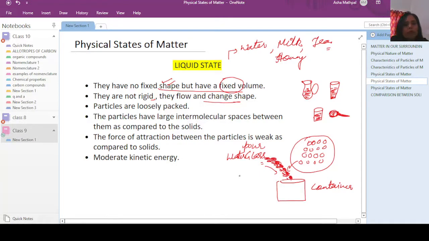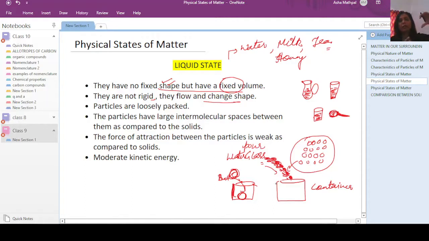But suppose if you are throwing a ball in the container, the ball will go at once. It will reach to the container. You will not be seeing that some of the ball is here and some is here. It will go and reach inside the container. But that is not the case of the liquid state, whether it is water, juice, or whatever.